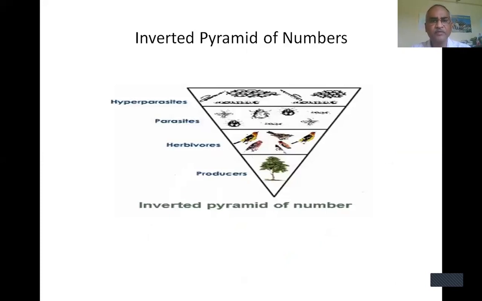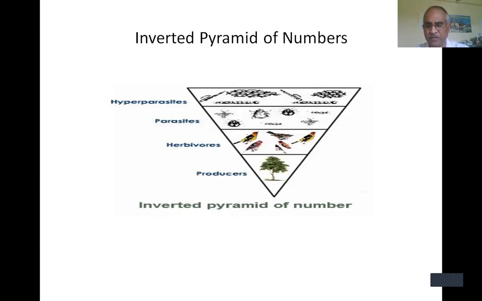On the other hand, we have inverted pyramid. So if you look at this, there is a tree, a single tree, and there are so many birds. So they are basically herbivores. And then in the birds, we have parasites, and parasites harbor hyperparasites.